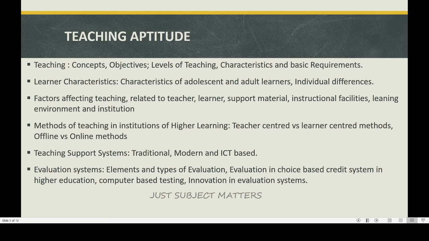The first one is with respect to teaching: we have to learn its concepts, objectives, the levels of teaching, its characteristics and basic requirements, followed by the learner characteristics, the characteristics of adolescent and adult learners, individual differences, then the factors of teaching related to the teacher and the learner, then the support material which they use, followed by the methods of teaching in institutions of higher education, that is, teacher-centered versus learner-centered methods, the online versus offline modes, those methods which are in current trend.